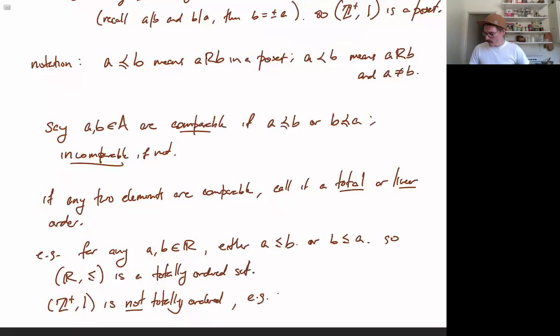So for example, 3 and 5: 3 does not divide 5, and 5 does not divide 3. So 3 and 5 are incomparable. So this is starting to show you that partially ordered sets can be much more general types of orderings than the usual linear ordering that you get in a linearly ordered set.